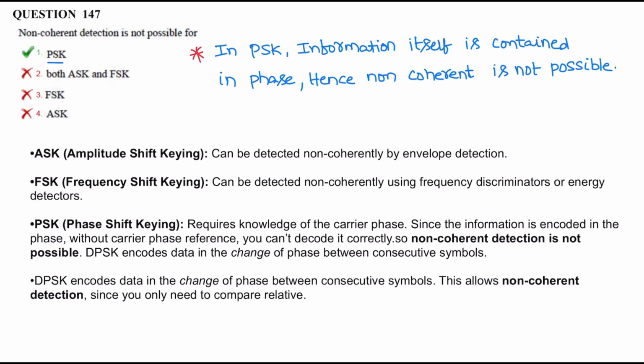ASK can be detected non-coherently by envelope detection. Frequency shift keying can be detected non-coherently by using frequency discriminators or energy discriminators, whereas in PSK, non-coherent detection is not possible. Similarly, in DPSK, non-coherent detection is possible.